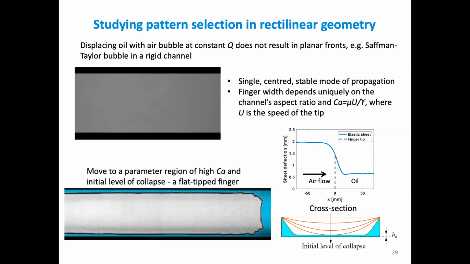But the great benefit of this is that now the front is moving at a constant speed. Therefore, if you can generate some instability on top of this front, you can also get that instability to saturate and not be transient, and therefore explore the nonlinear patterns that are formed in this system. Okay, so that's what we've done.